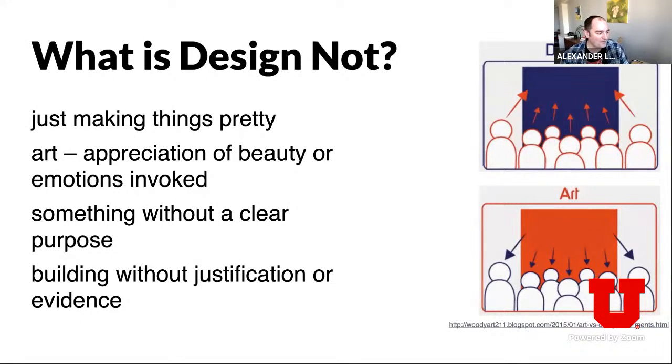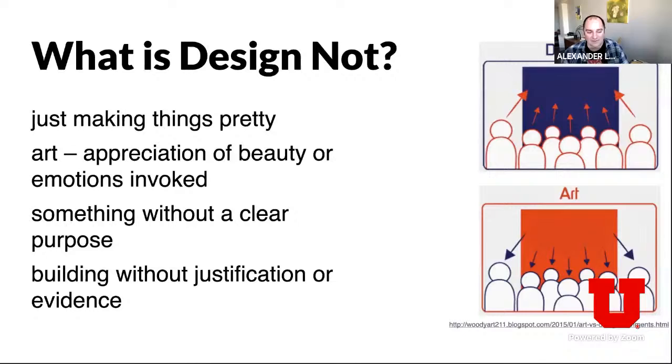It's also useful to say very explicitly, design isn't about graphic design. Graphic design is something that we do, but it's not about design, at least not in the sense that I'm talking about it here. So it's not just about making things pretty. It's not about art. It's not about appreciation of beauty or emotions.